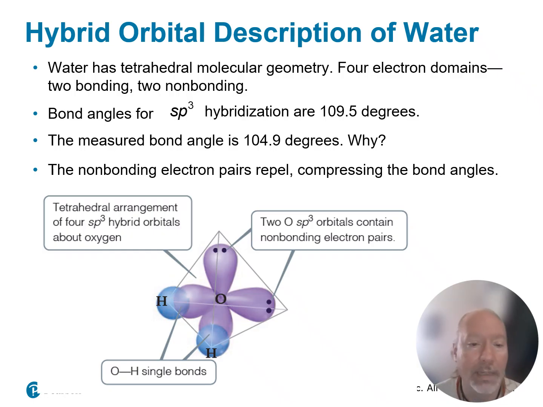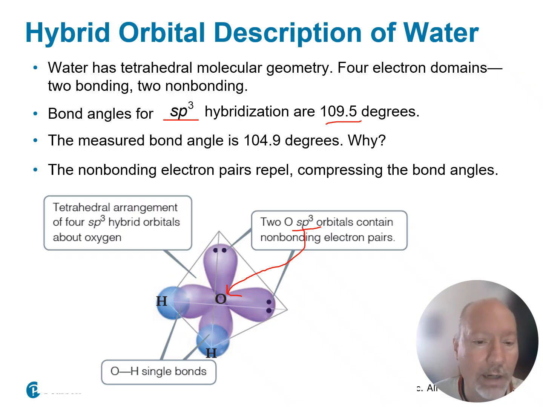Water, again, as I pointed out, it has an sp3 orbital with respect to the oxygen. And that sp3 orbital can end up bonding with the s orbital of hydrogen. So the s orbital of hydrogen can bond with the sp3 orbitals of oxygen, just like it does with carbon and hydrogen. And the bond angle for methane, sp3, is usually 109.5.